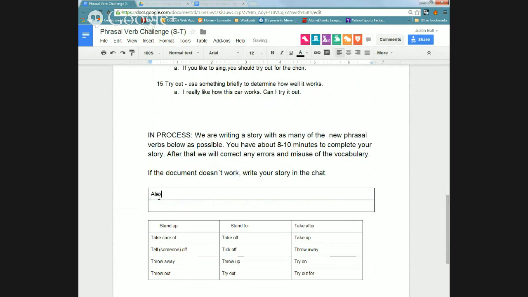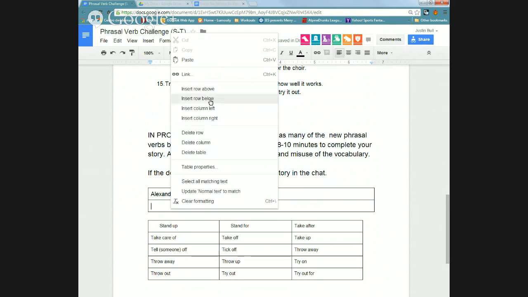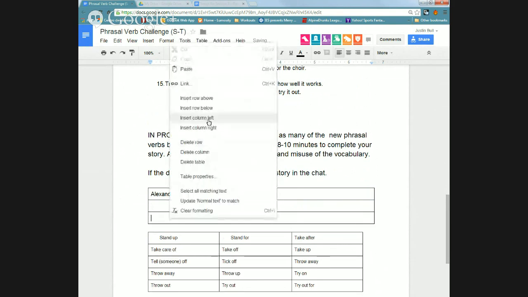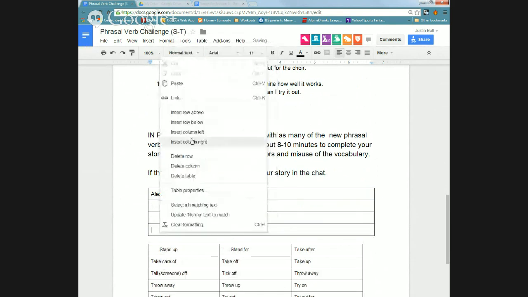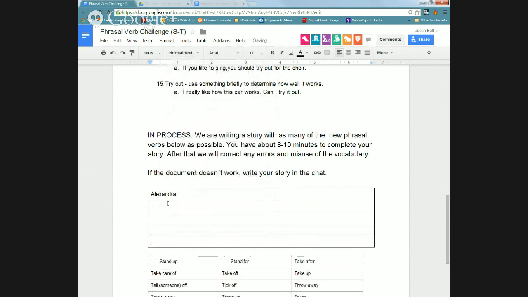So this is going to be for Alexandra. Let me make sure. So we have 1, 2, 3, 4, 5 people. All right. So I'm going to give you about 5 to 10 minutes. We'll see when people start finishing, and we'll get some experience with these. That's the best way to remember them, is to use them. All right.